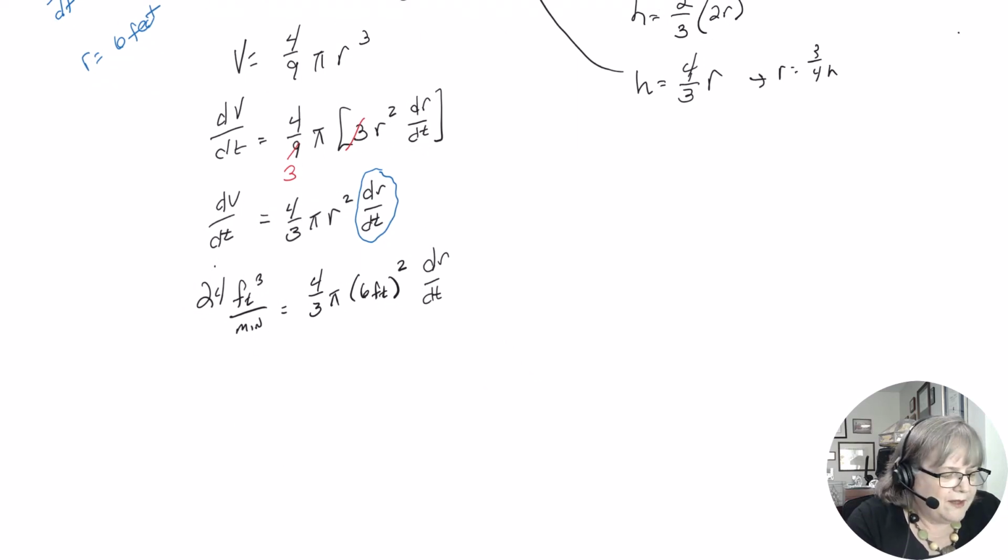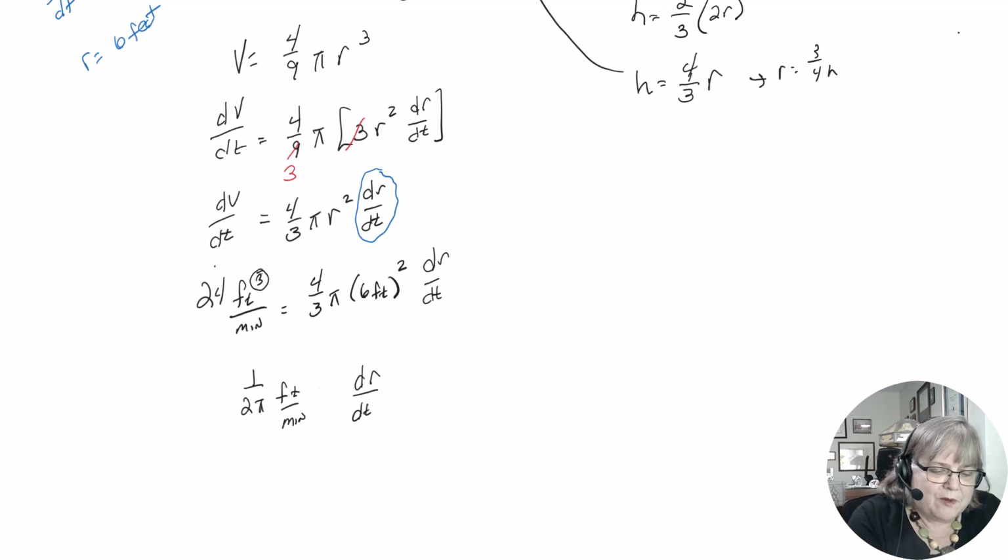So when you divide this out and clean it up, you're going to divide both sides by 36 square feet. So that square feet's going to take out 2 of these right here from the cubic. And when you clean it up, it ends up being 1/2 pi feet per minute.